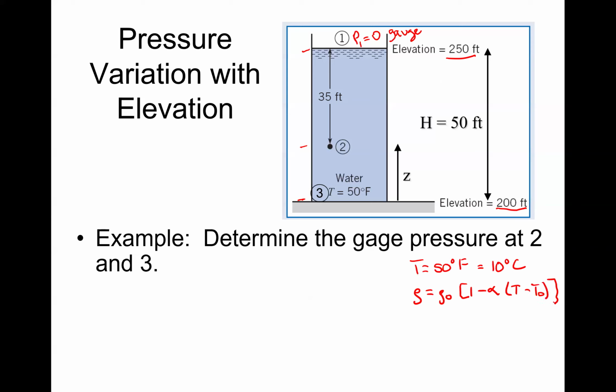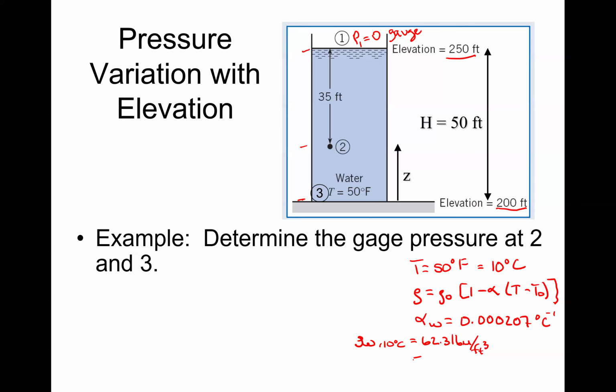You will see that the coefficient of water is 0.000207 to the minus 1 over degree centigrade. And you will see that the change in density is not that significant. The density of water at 10 Celsius would be 62.3. That is the one at 20 pounds per cubic feet.